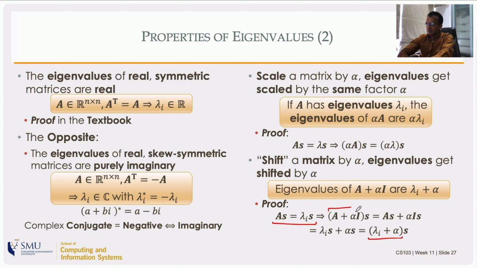Again, if you call the matrix A plus alpha I, A prime, some other matrix, then multiplying the same eigenvector will give me some constant times the same eigenvector. But the eigenvalues will get shifted by alpha. So these are things that might be important in developing algorithms for computing eigenvalues and eigenvectors.